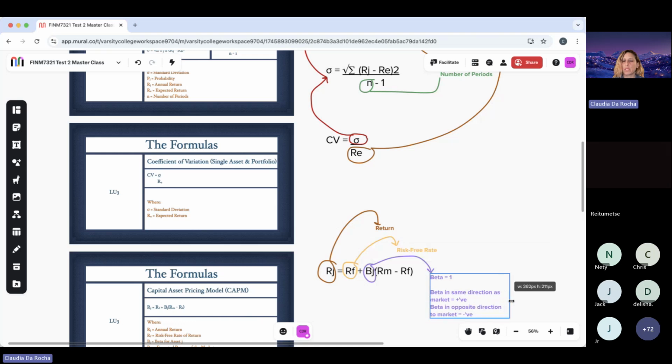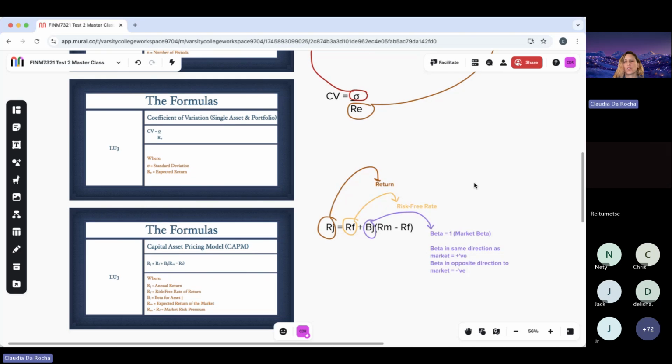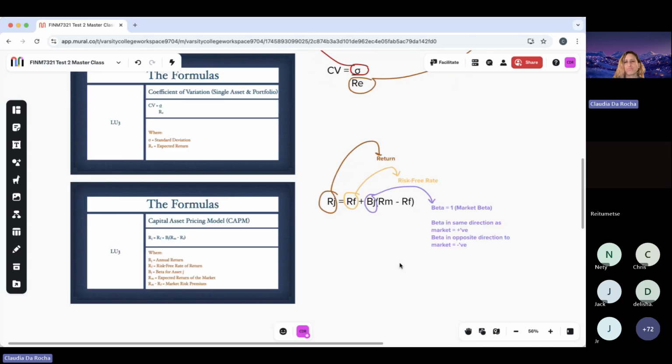Okay, so market beta is always 1. And then you do the beta based on the company's profiling. That's how it's determined, and they can give you more information.